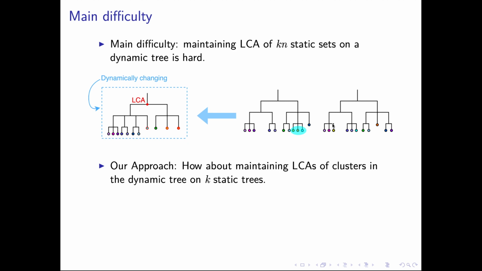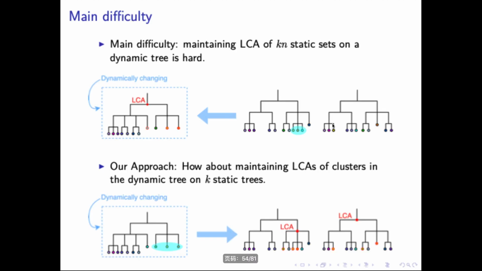get around it. If maintaining the LCA of static sets on a dynamic tree is hard, then what about maintaining the LCA of dynamic sets on static trees? That sounds much easier. Since if a set changes, it only changes its own answer. It will not affect the LCA of other dynamic sets.